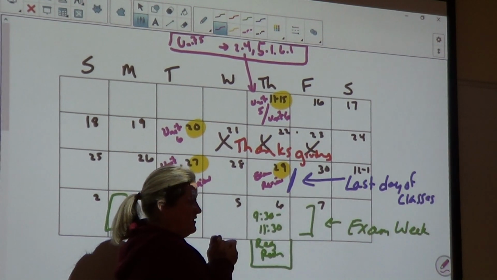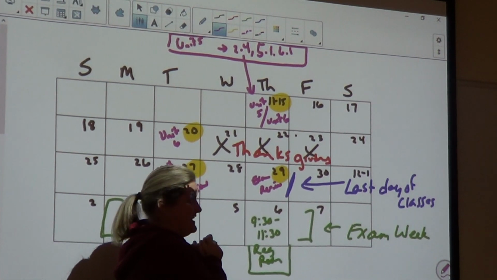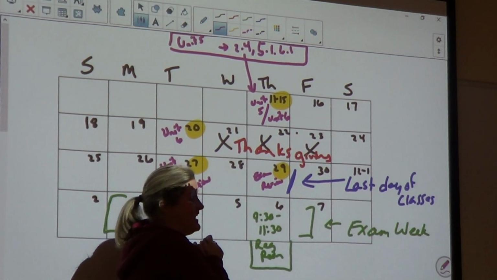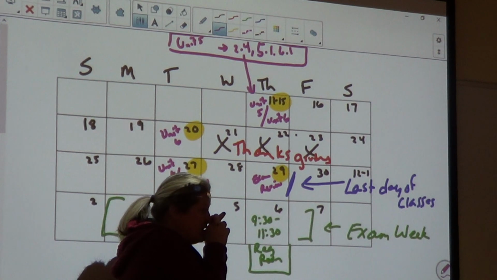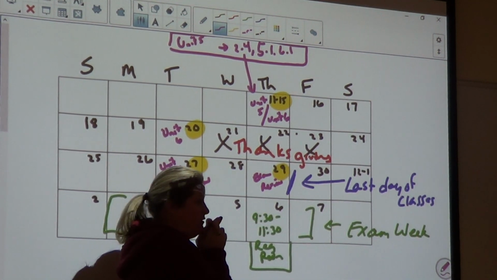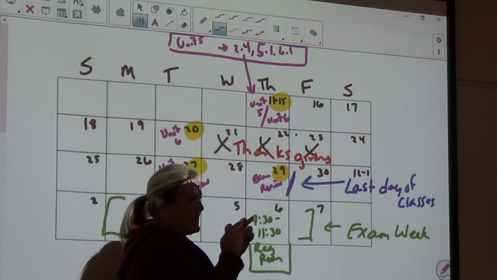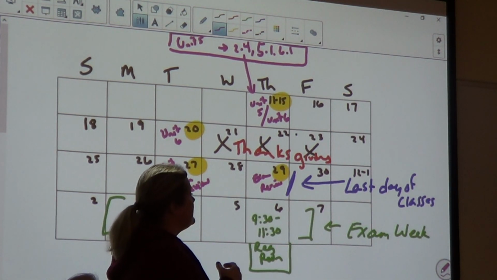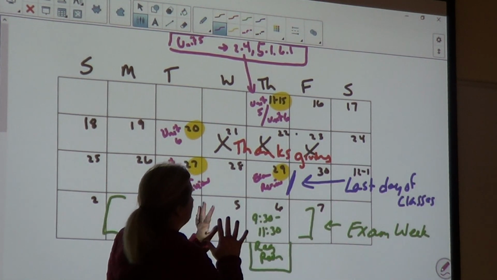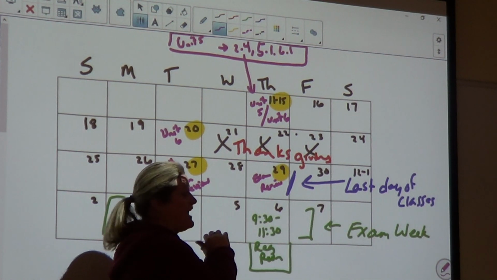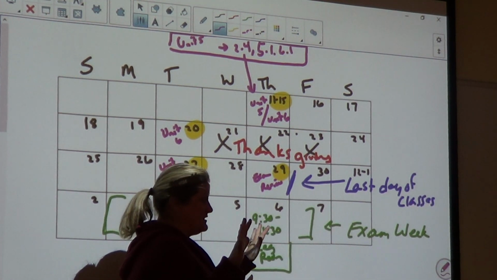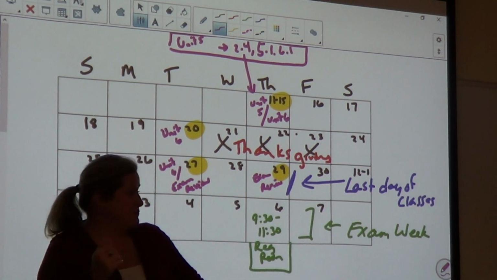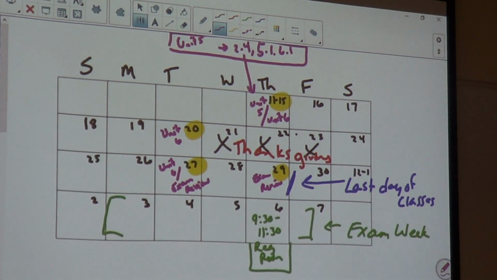Are we gonna have the optional review for the final exam? Yes. Before Thanksgiving? Yes. My goal is to have it done tomorrow. I have it out there, I just gotta tweak it just a hair and get it out there, okay? Now, hopefully I'm going to have every homework assignment that you have left before Thanksgiving.